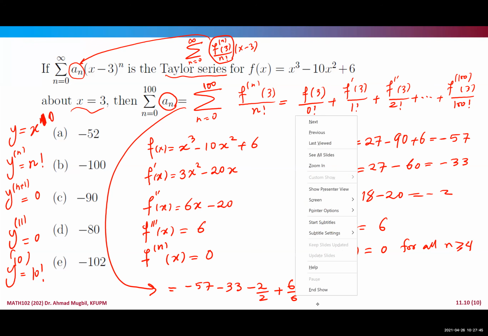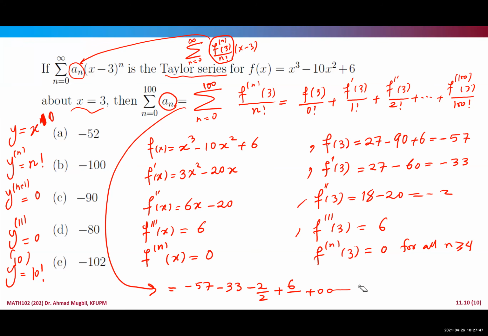And the rest will all be zeros, 0, 0, 0, plus 0 up to 100. Now this is clearly negative 90 minus 1 plus 1, which is negative 9. So the answer is C.